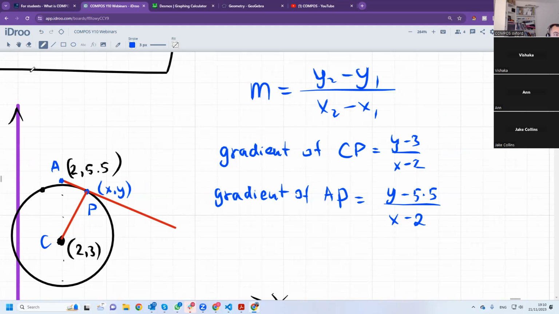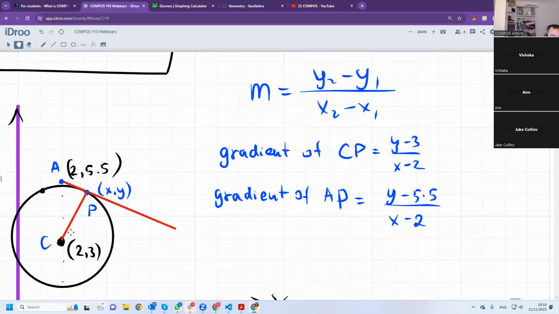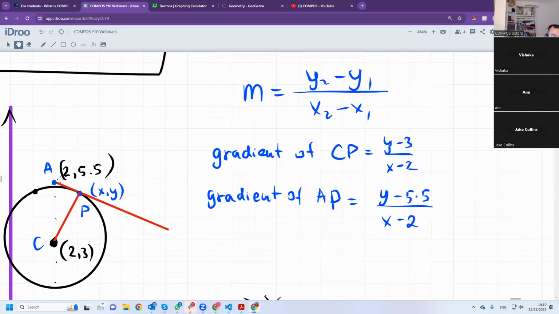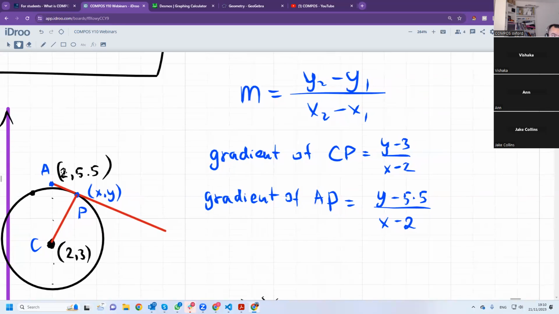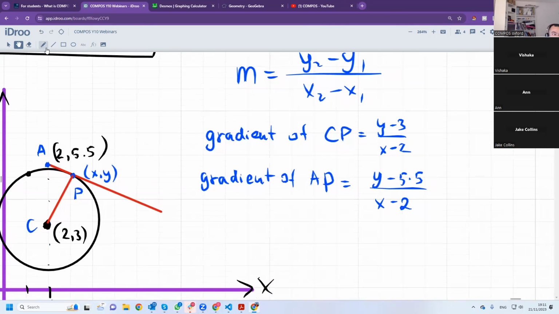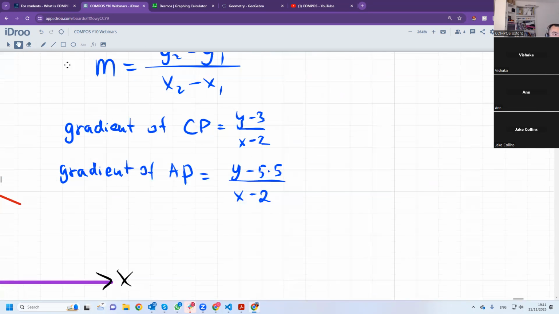I said that the coordinates of P is (x, y), and I found the gradient of CP by doing y minus 3 and x minus 2. And then I found the gradient of AP by doing y minus 5.5 and x minus 2. Because they are perpendicular, I know that the gradients multiply to minus 1.